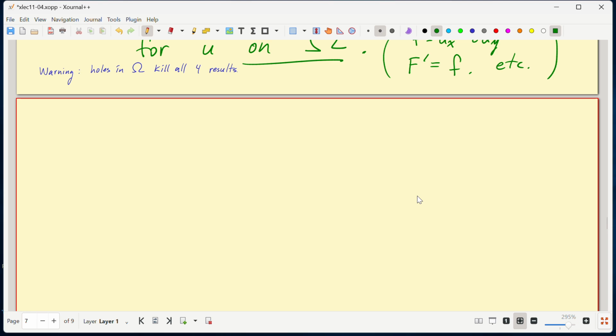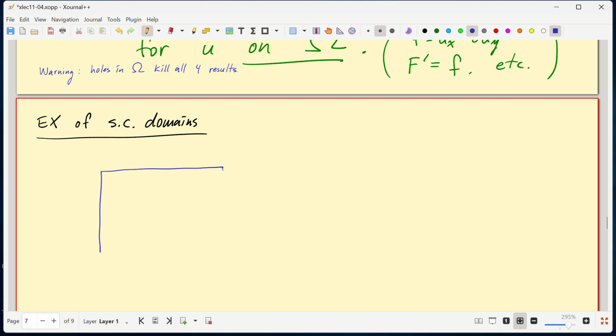I should give you some examples of simply connected domains. One, I kind of like this one, it's kind of fun. I take a square, and then I go halfway and take a line that goes halfway.